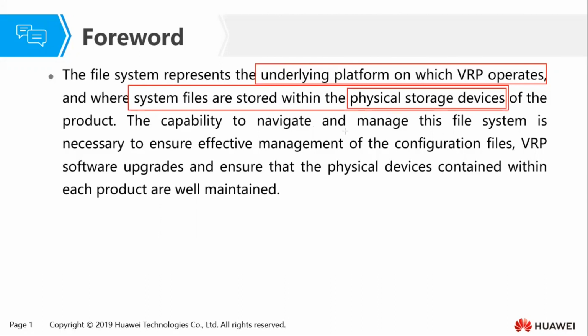So the capability to navigate and manage this file system is necessary to ensure effective management of the configuration files, VRP software, upgrade, and ensure that the physical devices contained within each product are well maintained.